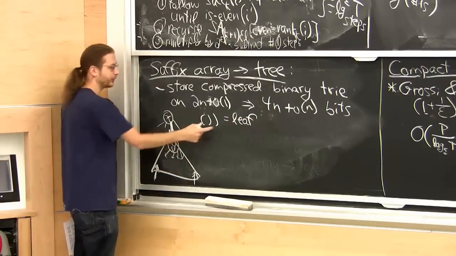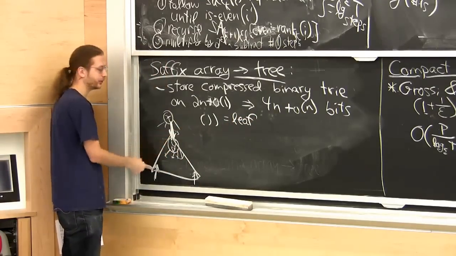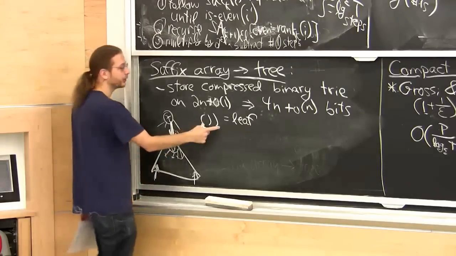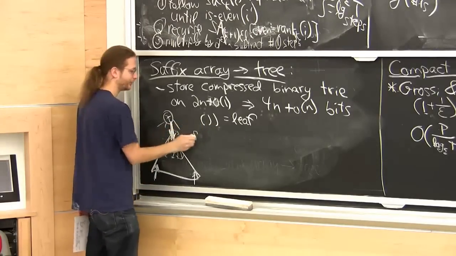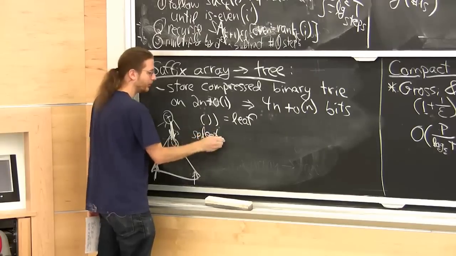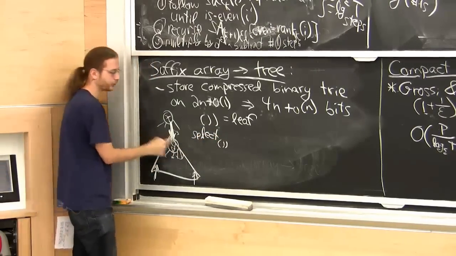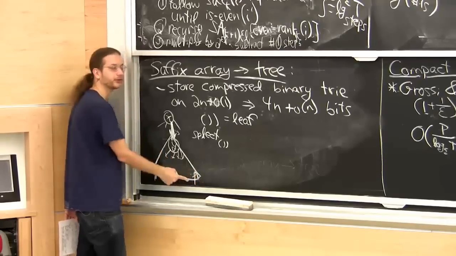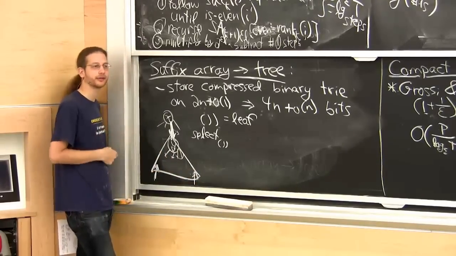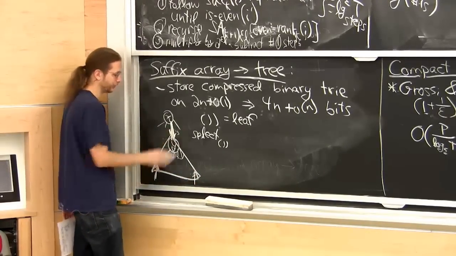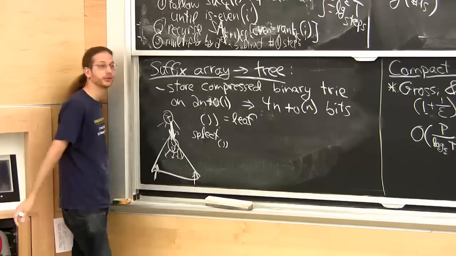That's actually just going to be right after this open paren, or I guess you do a select of this to jump to the next leaf. Then also you can jump to the end of the subtree and then go back to the previous leaf using rank and select. So I won't go into details, but that's easy to do. So you can identify the two leaves.